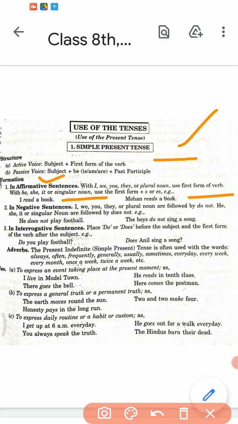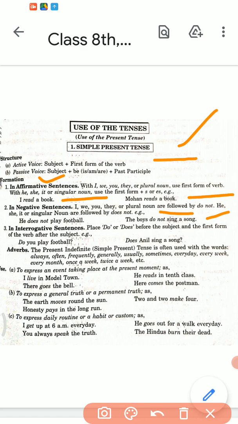Now, how will we make negative sentences? We will write with I, we, you, they or any plural noun, it will be followed by do not. He, she, it or singular noun are followed by does not. For example, he does not play football. The boys do not sing a song.